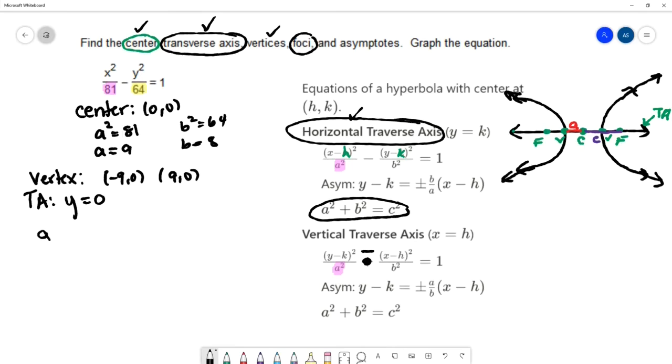So then I'll use this equation, a squared plus b squared equals c squared. 9 squared plus 8 squared equals c squared. 81 plus 64 is c squared, and that is 145.